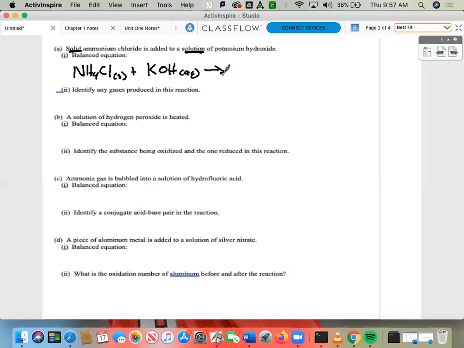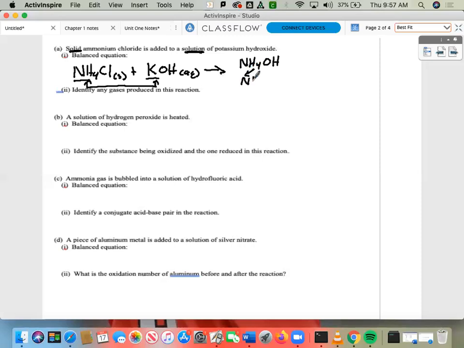Then it says, what am I make? So this is a double replacement reaction. So the ammonium and the potassium will exchange partners. When that occurs, you get ammonium hydroxide. Well, unfortunately, you might not remember this, but when we get into Unit 4, you're going to find ammonium hydroxide is highly unstable.